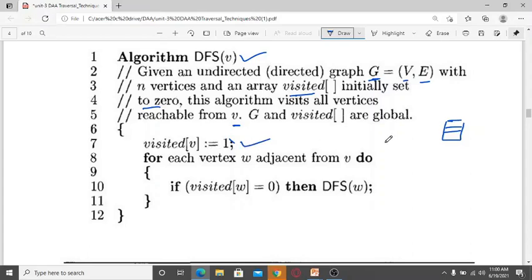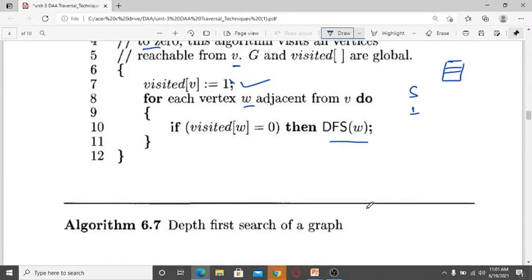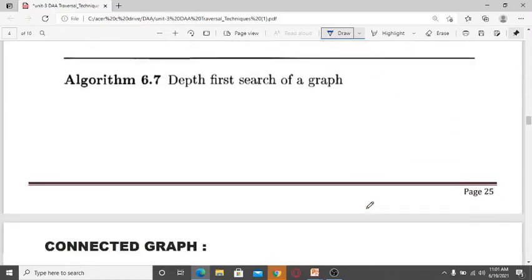Whenever a vertex is visited, like S is visited, then for each vertex w adjacent from v, if w is unvisited, that is visited[w] equals 0, then DFS(w) follows all the operations. Okay, this is about the depth first search of a graph.